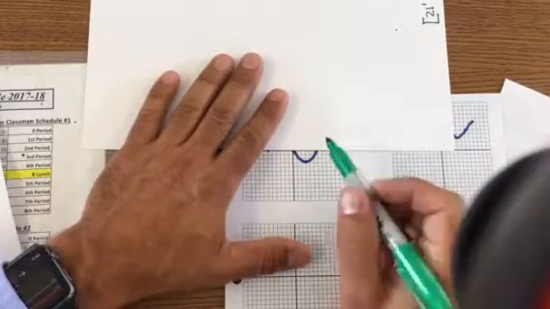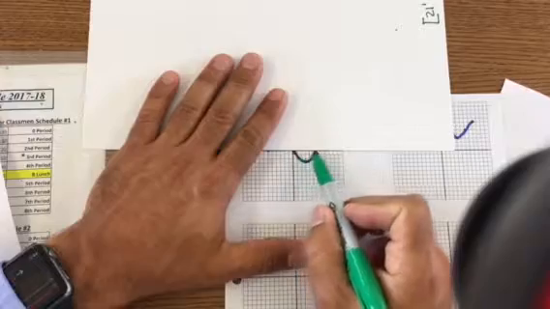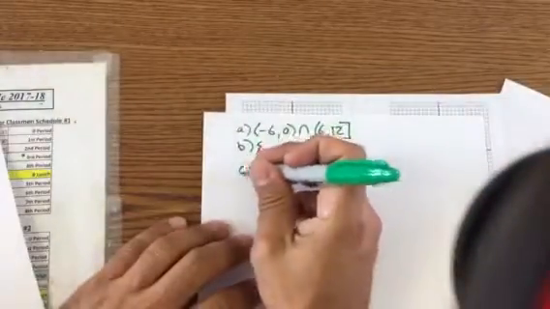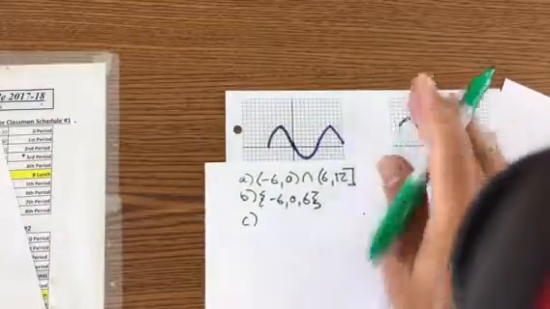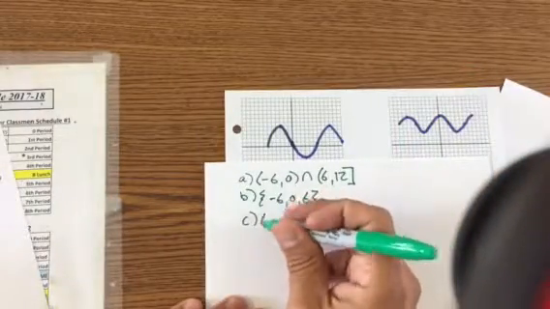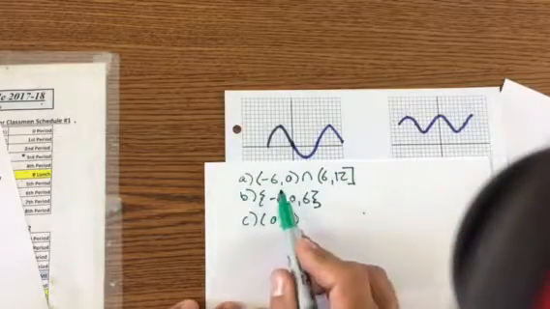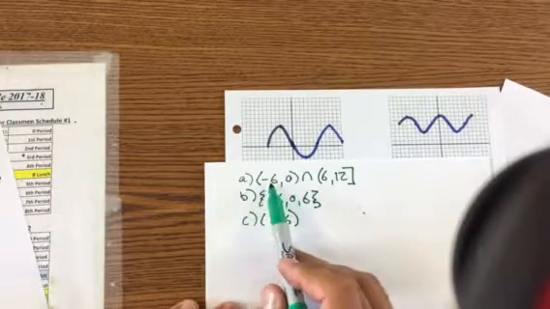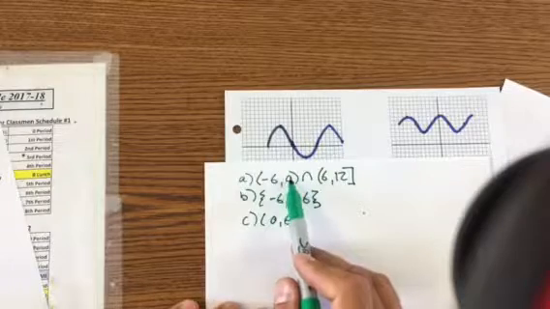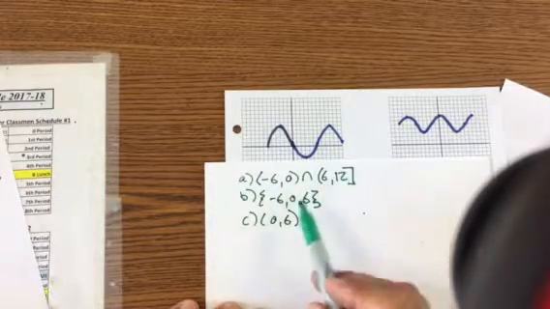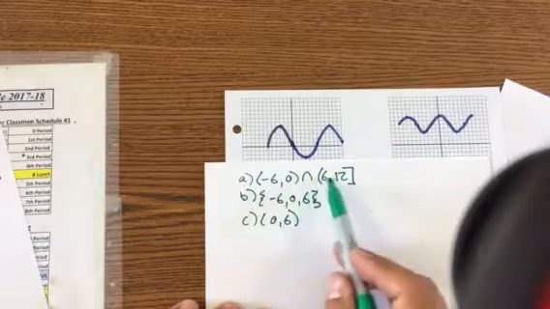Right here, it's going from 0 to 6, not included, because that's where it crosses. And I can get that information from here as well. If it's above from here to here, and then skips over this section, and it's above from here to here, it must be below in between these two.